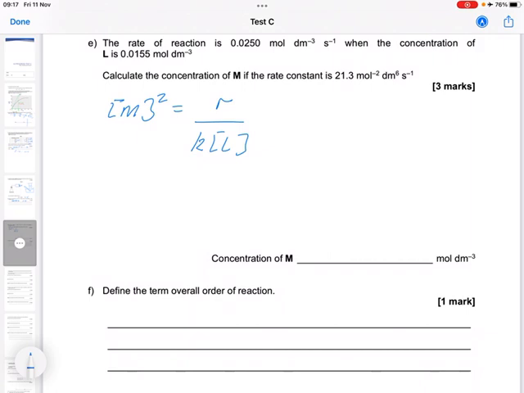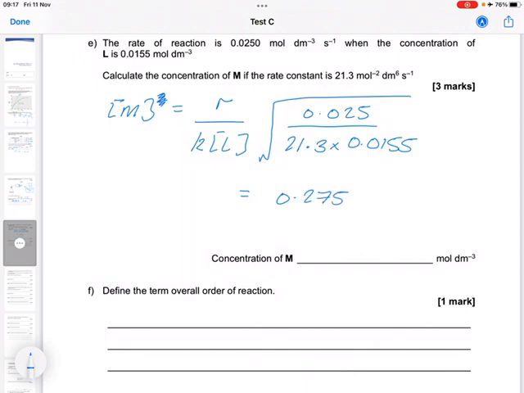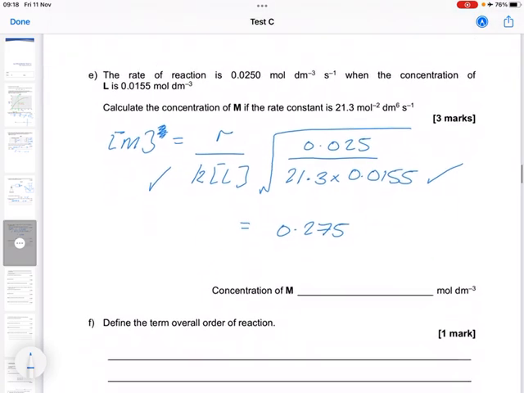So 0.025 divided by 21.3 times 0.0155. And then I need to do the square root of that to get rid of the square, and that gives me 0.275. So there's 1 mark for rearranging the equation, and 1 mark for putting the numbers in and doing the square root.